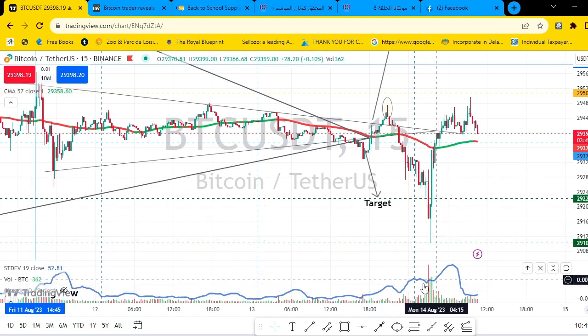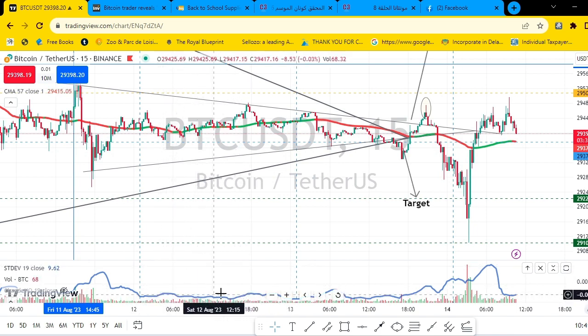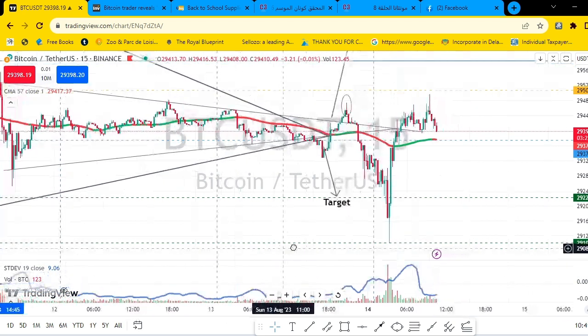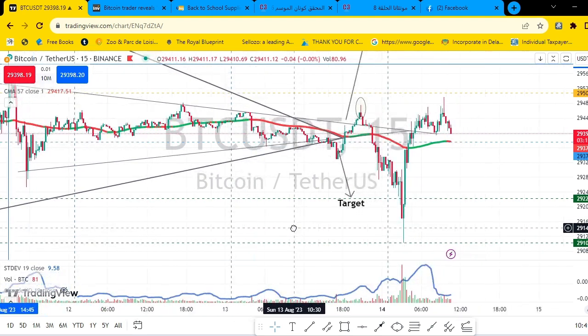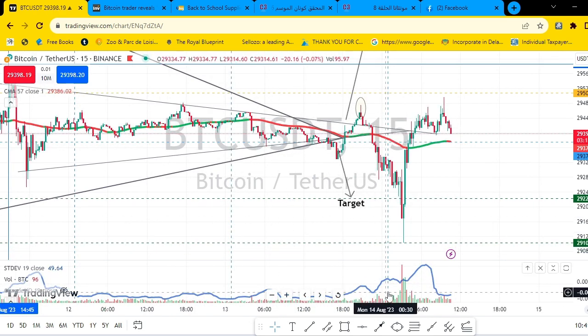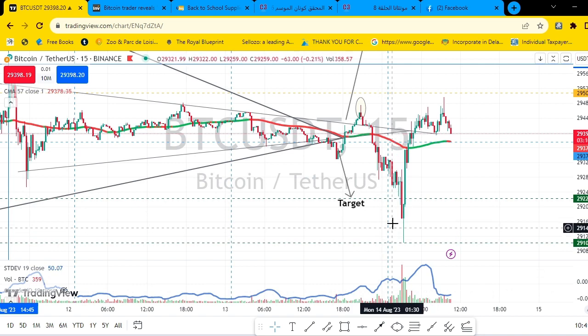Watch this volume. This is the highest volume during the whole day. See, and even the day before, Saturday, was very quiet. You see, the volume and the standard deviation here didn't give any indication of any momentum being involved, but all the power, all the strength, all the money poured in after Sunday midnight, which is the Asian session.